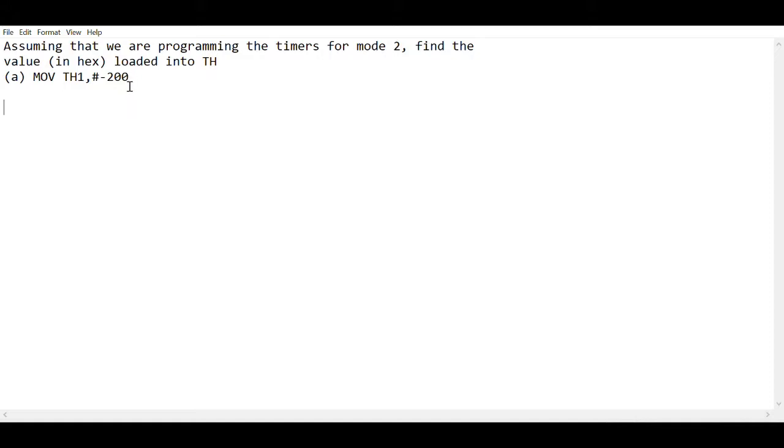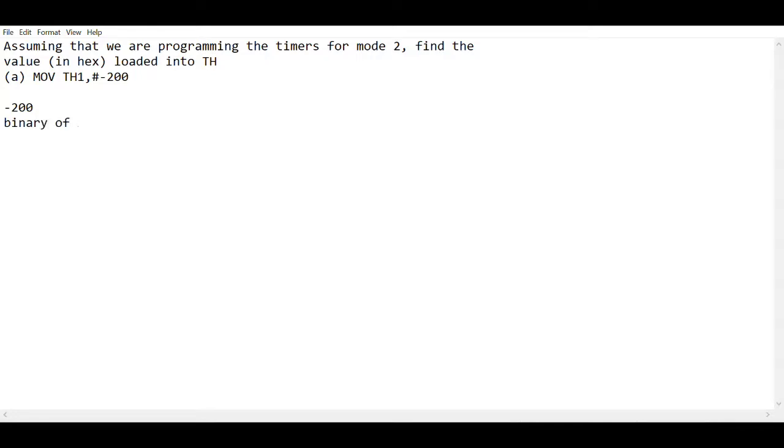So to convert minus 200 to hex, we'll have to first convert it to binary. Then from the binary, that is 200 has to be converted to binary. So this is minus 200. You will first find the binary of 200.